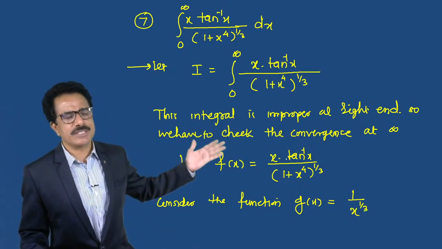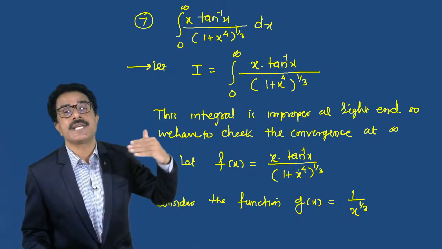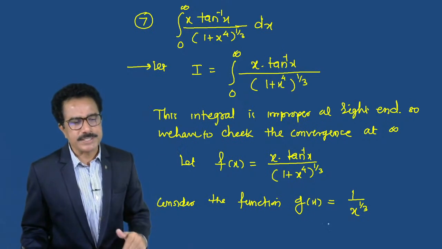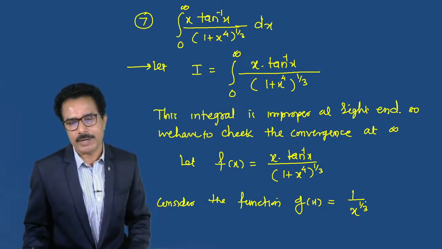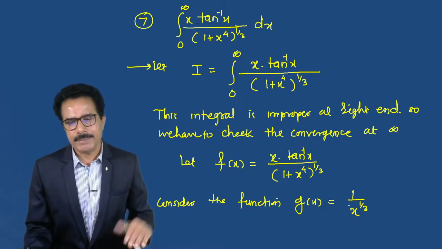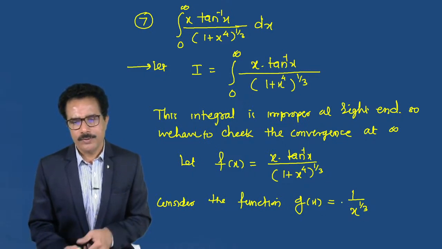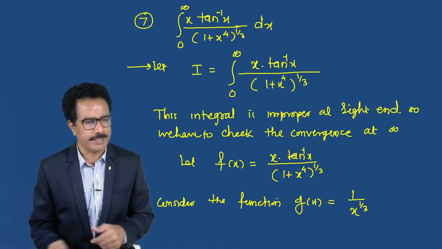See, tan inverse x divided by x means this x gets cancelled. If we consider 1 plus x raised to 4 as equal to x, then we have to consider another function which has the same behavior, x raised to 1 by 3. So we consider g of x is equal to x raised to 1 by 3.